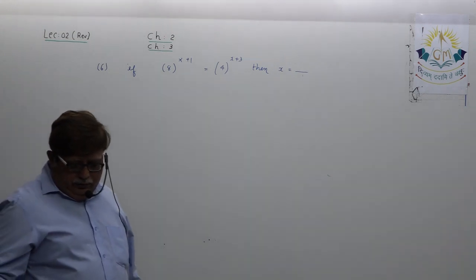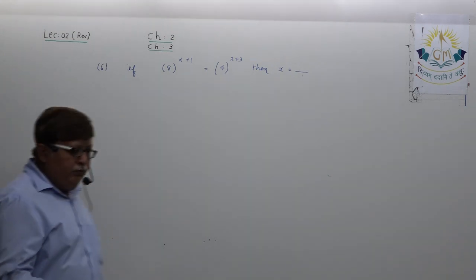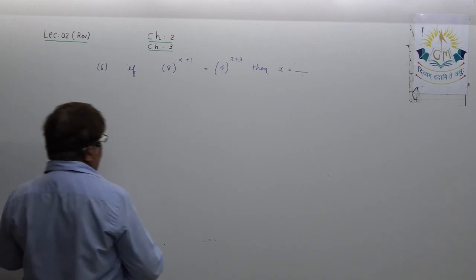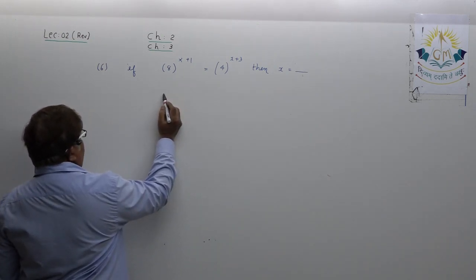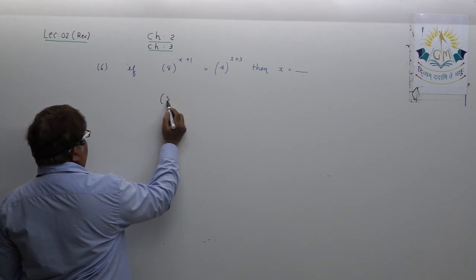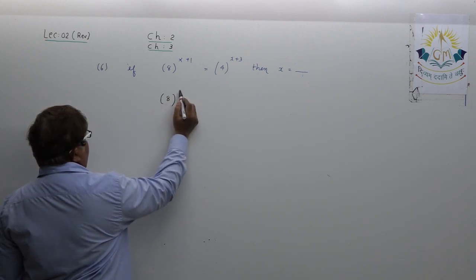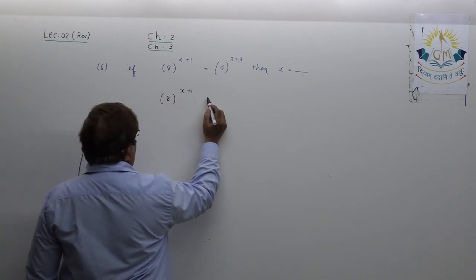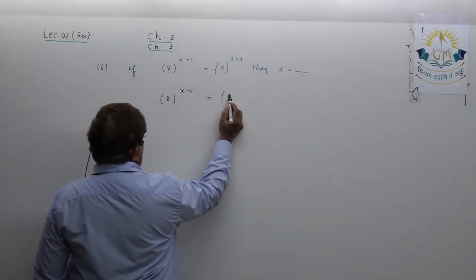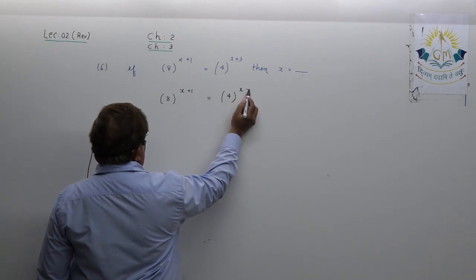How can this example be solved? You just start thinking on this. What can we do? First, suppose I write the given data in the first step as it is. 8 raised to x plus 1 equals 4 raised to x plus 3.